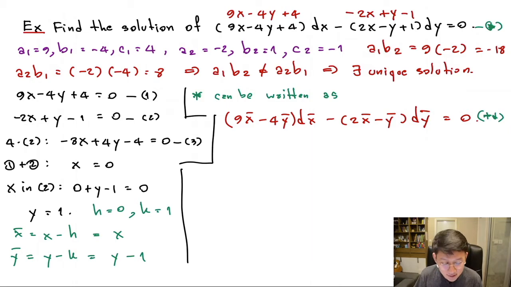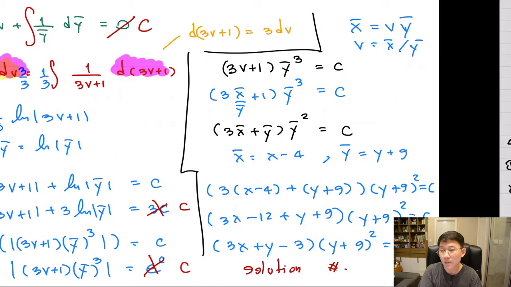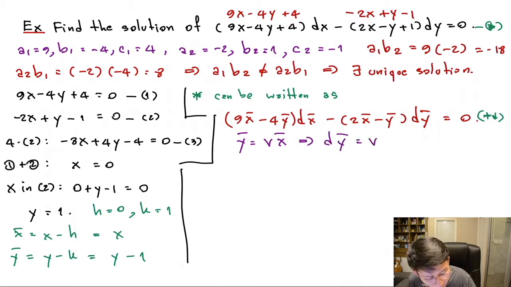So I'll let y bar be v x bar. If you want, you can let x be v y bar, as we did in the previous question. But I want to do it differently, so I let y bar be v x bar. So in that case, we have that dy bar is v dx bar plus x bar dv.